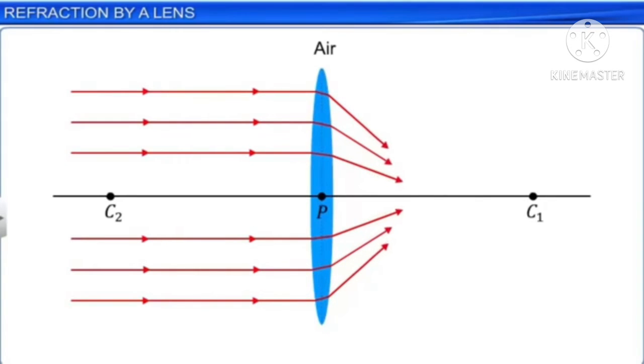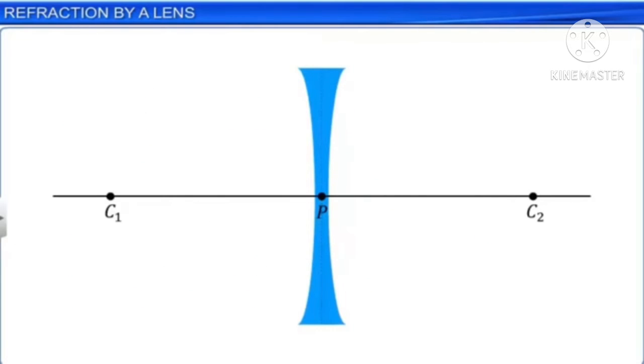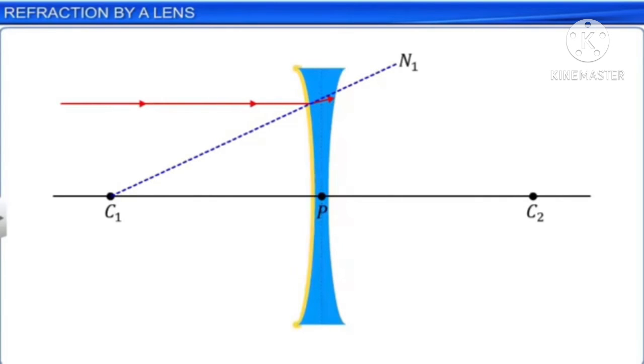In case of a double concave lens, the incident ray bends towards the normal, C1N1, at the first interface, and away from the normal, C2N2, at the second interface. When a parallel beam of light rays is incident on a double concave lens, upon refraction, it appears to be diverging from a point on the principal axis, and such a point is called the second principal focus.